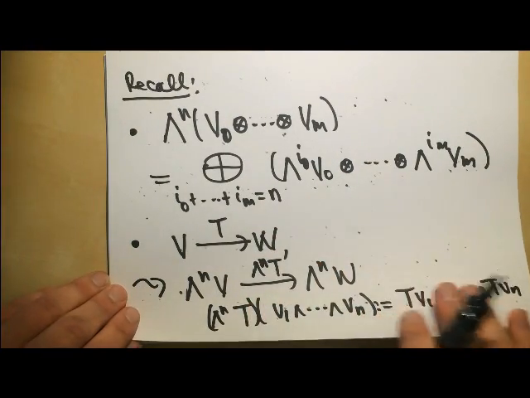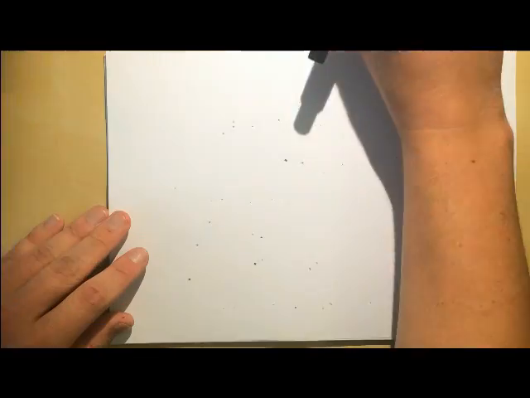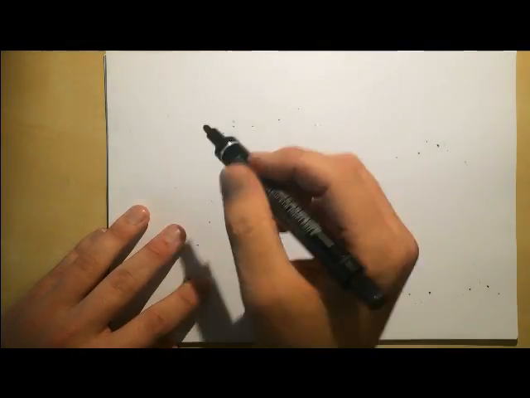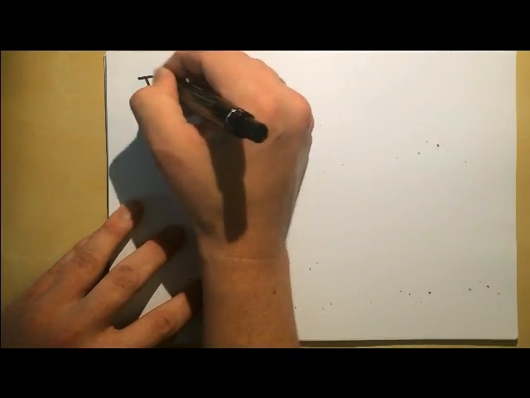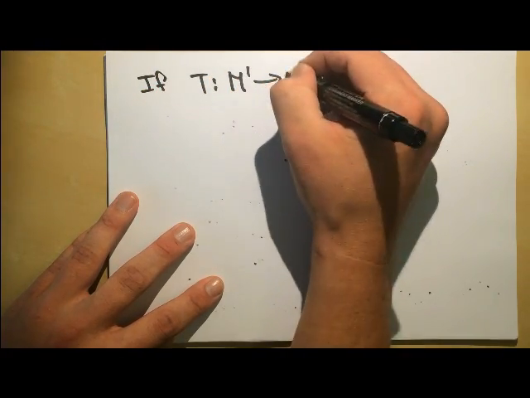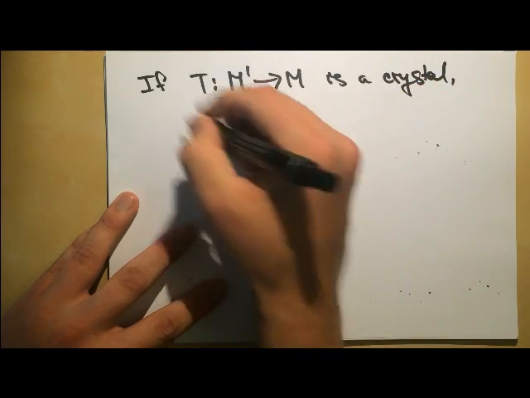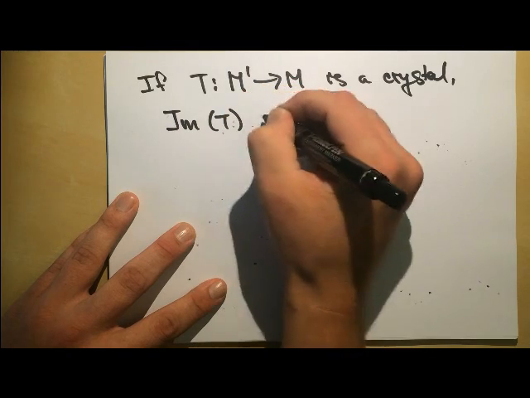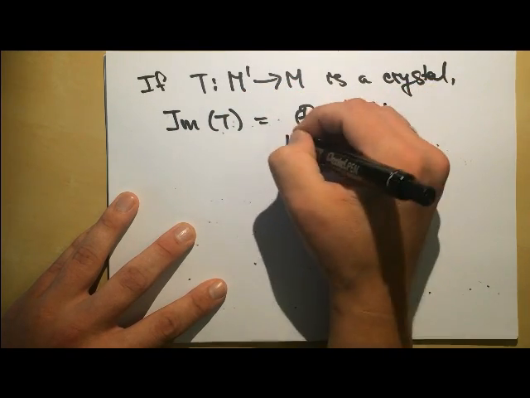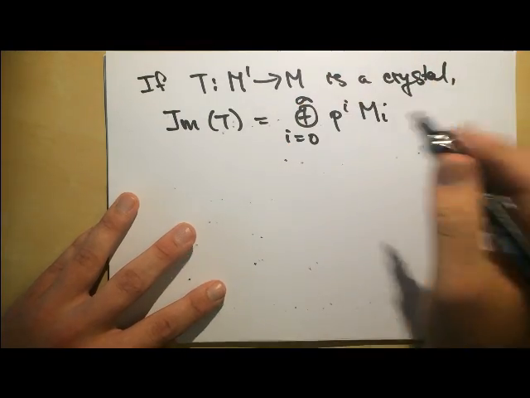In particular, I want to look at this in a special context. Again, we had this direct sum decomposition of the image. If T from M prime to M was a crystal, the image of T looked like this direct sum of these M_i from i equal to 0 up to infinity, let's say.